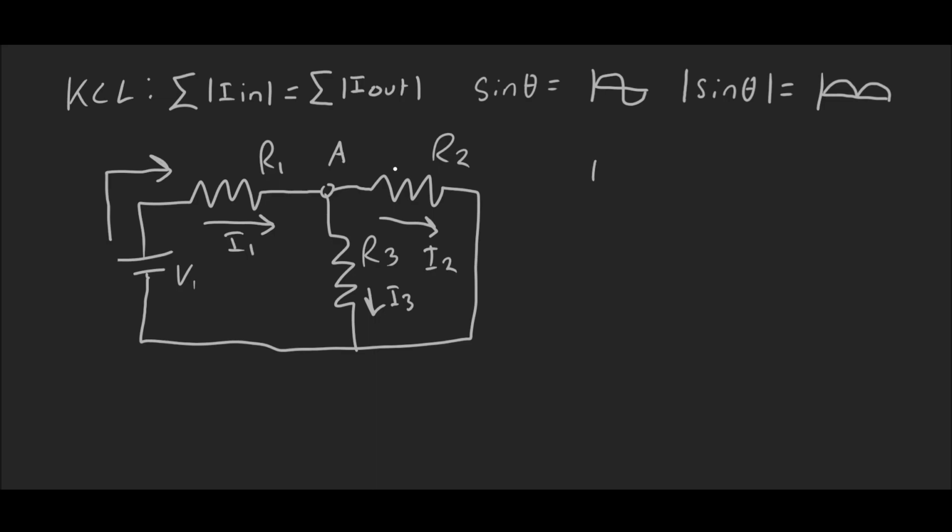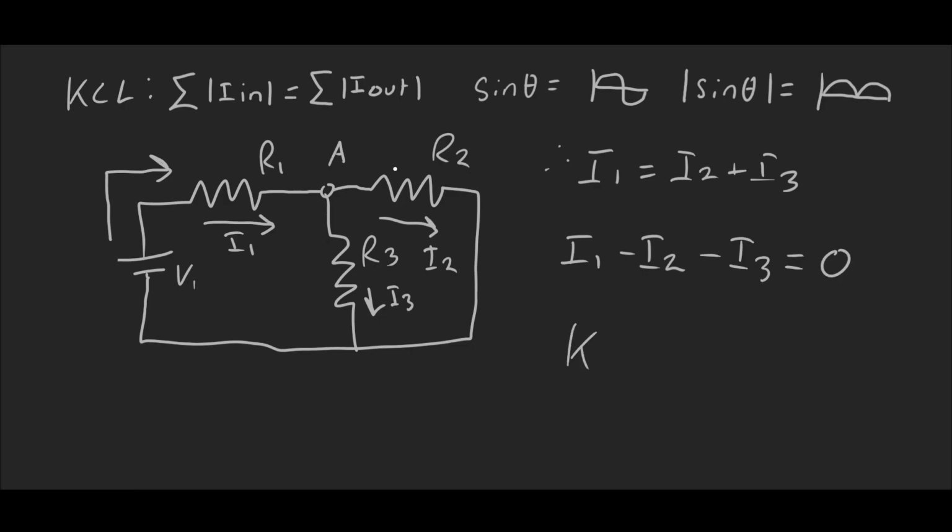So it can be said, therefore, that I1 equals I2 plus I3. And rearranged, I1 minus I2 minus I3 equals 0. And that's how you verify KCL for a circuit.